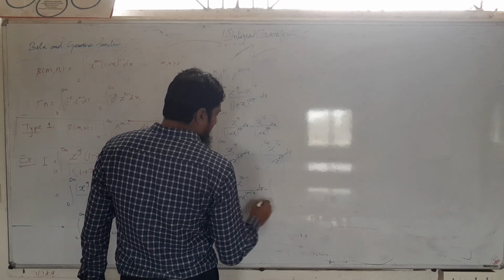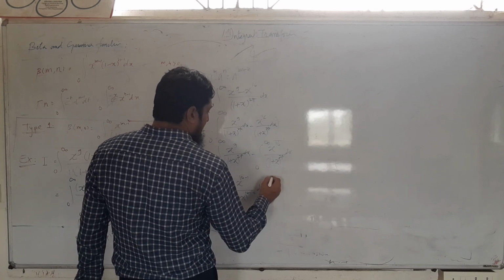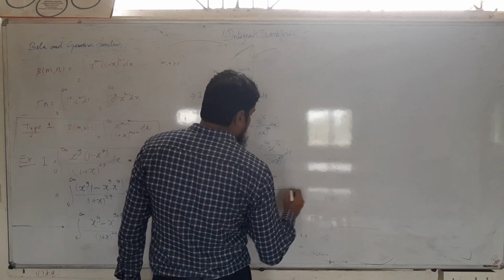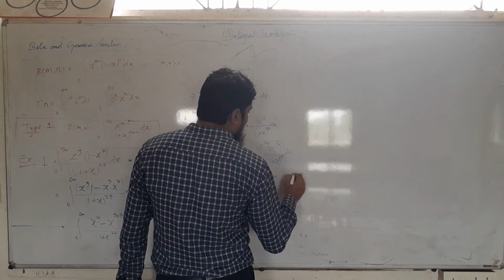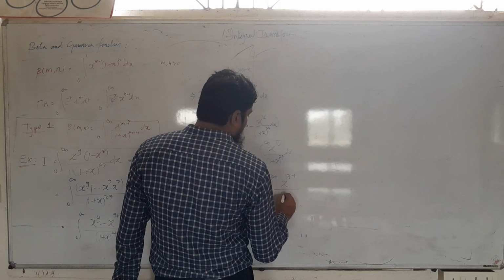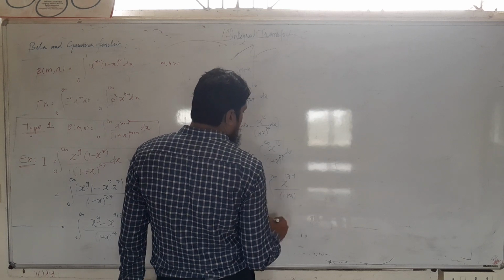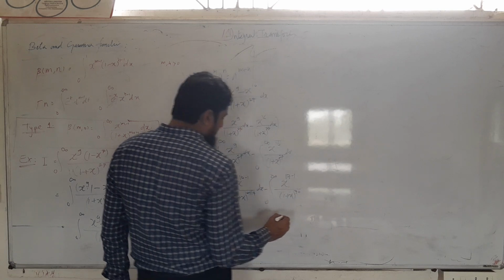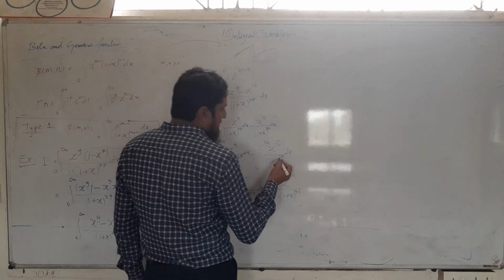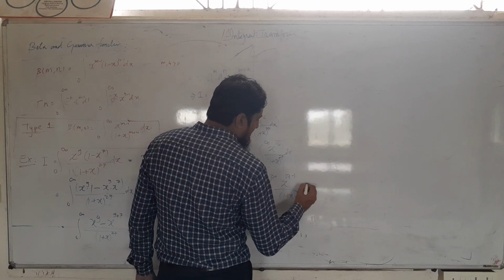Similarly, we will convert the second integral to x raised to 17 minus 1 over (1 plus x) raised to 17 plus 10, since we want 27, dx.